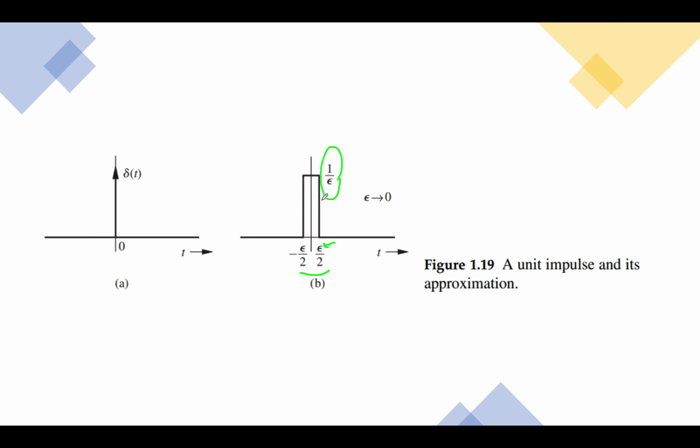And you notice if you run it from minus epsilon over 2 to epsilon over 2, then that would give you a width of epsilon with a height of 1 over epsilon, which would give you an area of 1, which satisfies the definition of the impulse function under integration. Now, what happens is, as you let epsilon approach 0, then 1 over epsilon gets taller, and epsilon over 2 gets infinitely narrow, so you can, in the limit, achieve the impulse function.